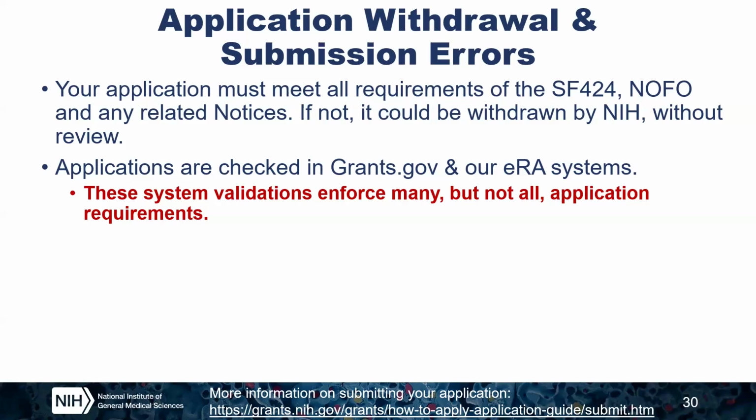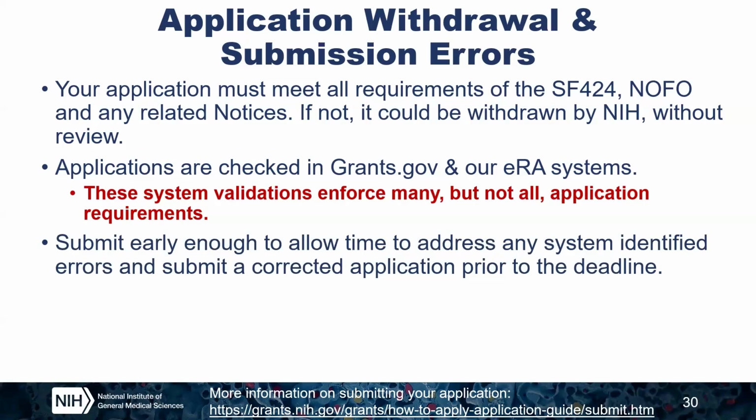It's just some of them. But if you do get any of these submission errors, the best thing you can do is submit early enough so that if you do get a submission error, you have time to address it, fix it, and resubmit before the application is due.